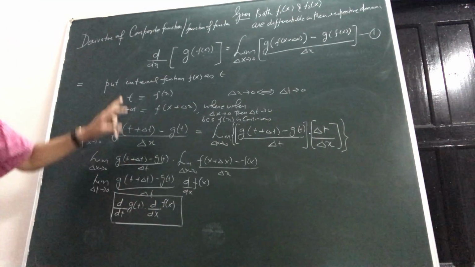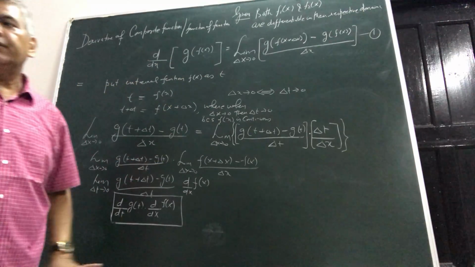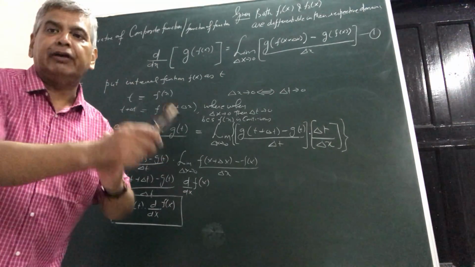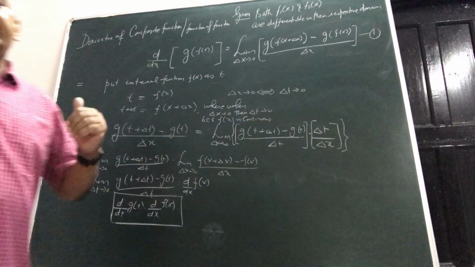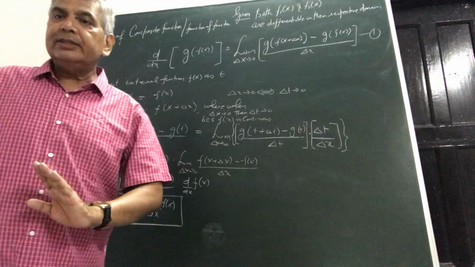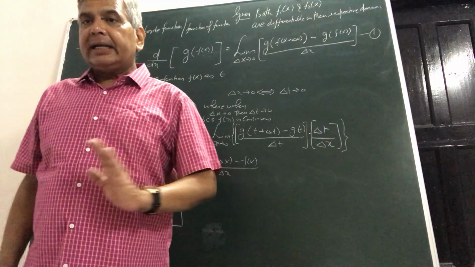These two are very important, and this is the formula for differentiating a function of a function, or composition of two functions. So this is what we will take up in your exercise here.